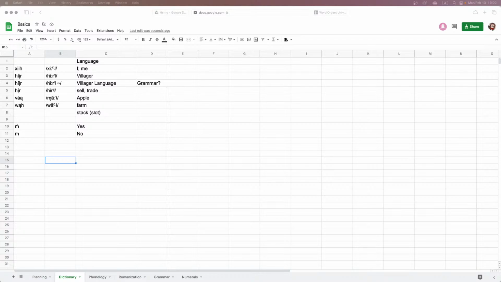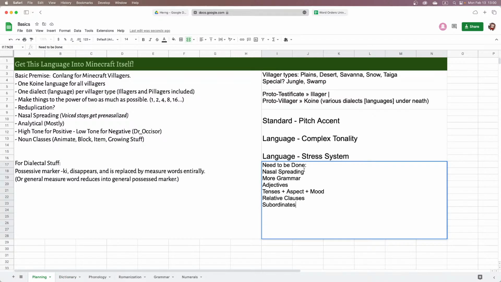And I'm thinking next time we'll probably tackle either adjectives and relative clauses. So I feel like these should be grouped together as well. Wait, no, why did I put those in parentheses? Or tenses or aspects or subordinate clauses.